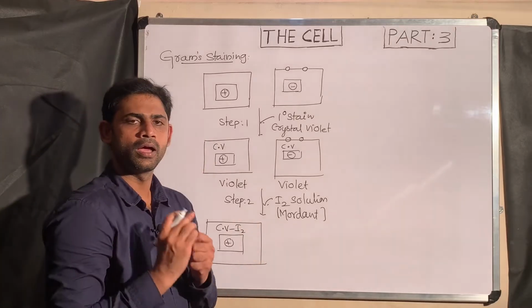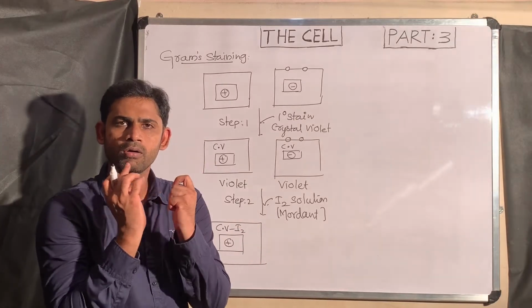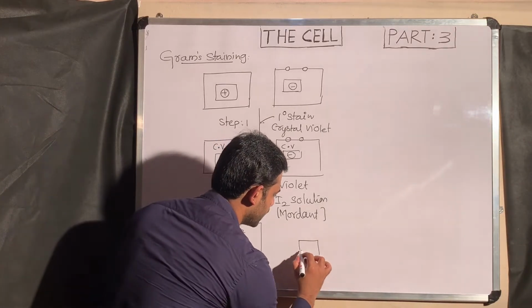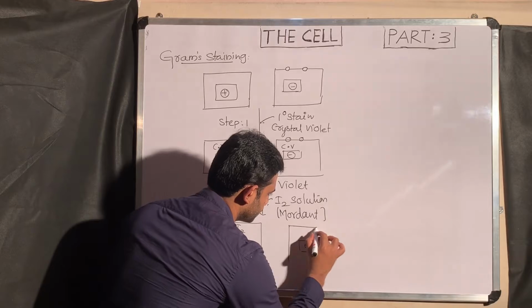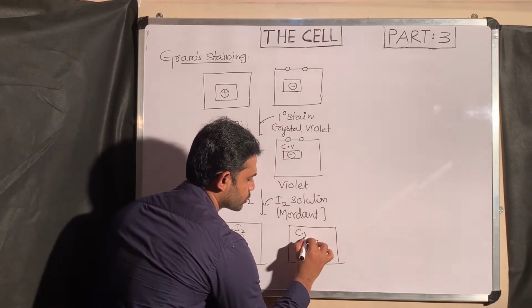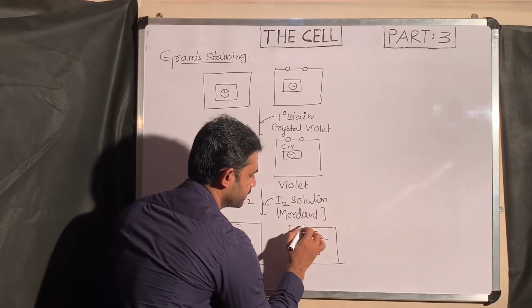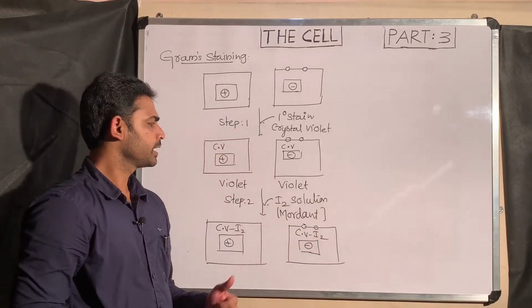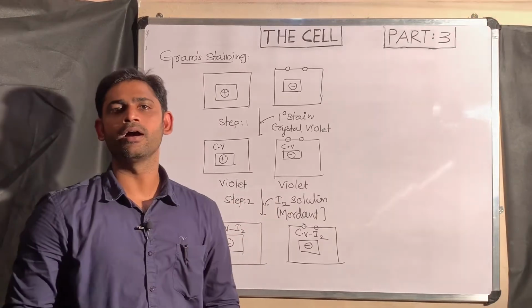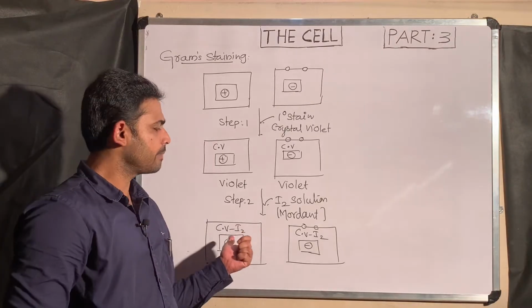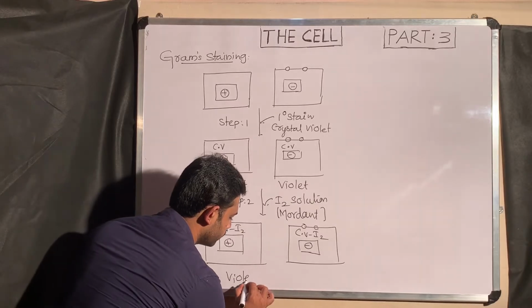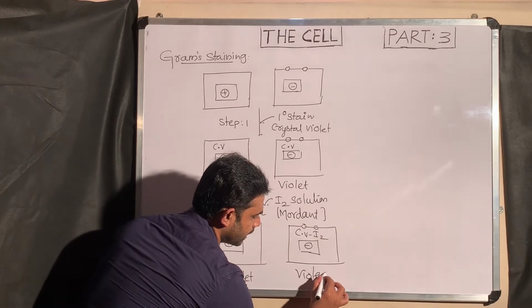Iodine makes a very strong bond with the crystal violet. Now this is a gram negative bacteria. This is the cell wall, this is the crystal violet iodine complex, and these are the pores. After adding the iodine solution, iodine strongly binds with the crystal violet. Now both gram positive and gram negative bacteria still remain in the violet color. Yes or no?